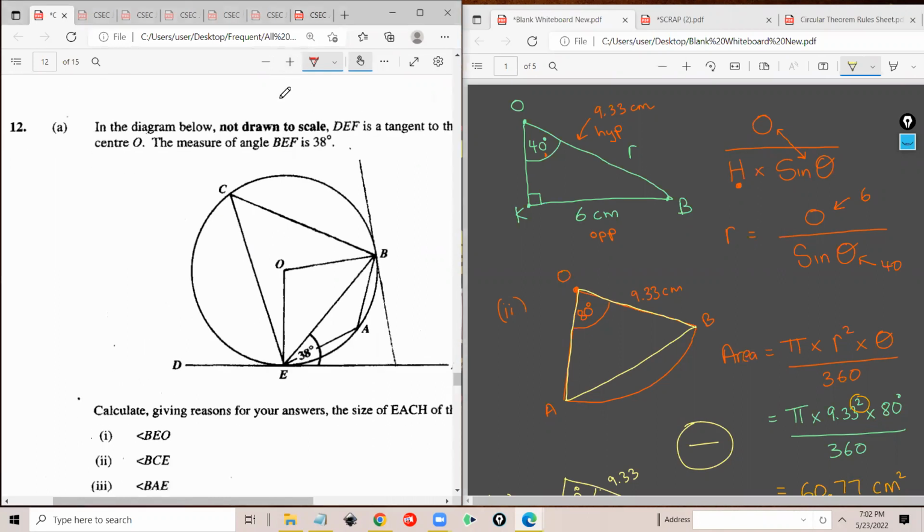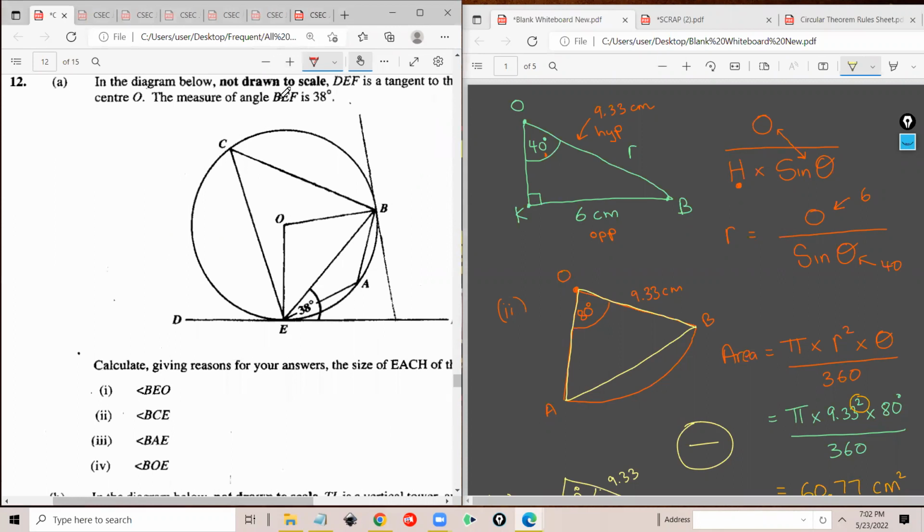Let me zoom into the diagram, and you all have four angles to find for me: 1, 2, 3, 4, and BEO. Whenever they give you three letters, it's always the middle letter they are referring to. So let me just show you which one is BEO. BEO is this angle. So everyone concentrate on finding this angle first.